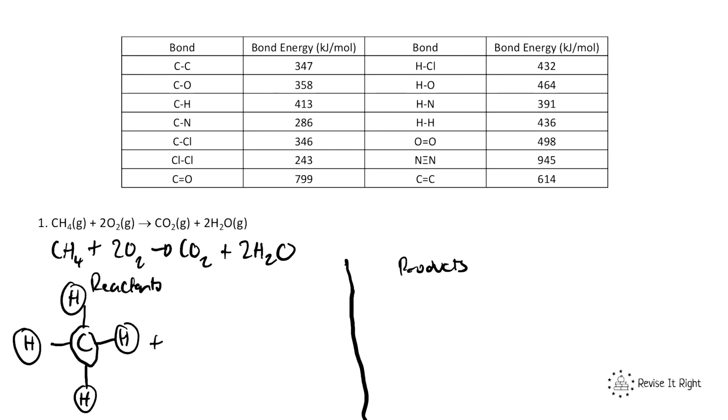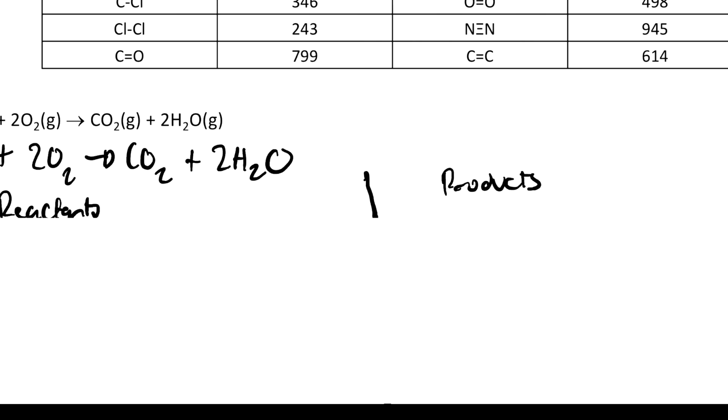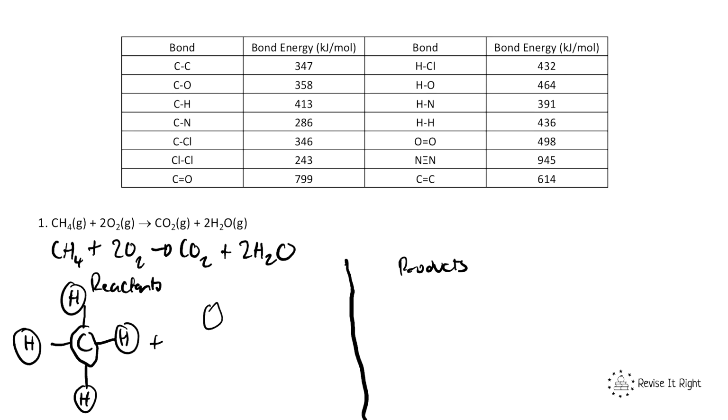Plus 2 lots of oxygen, so that's oxygen bonded with oxygen, and oxygen bonded with oxygen. Okay, so there are our reactants drawn, and now we need to draw our products.